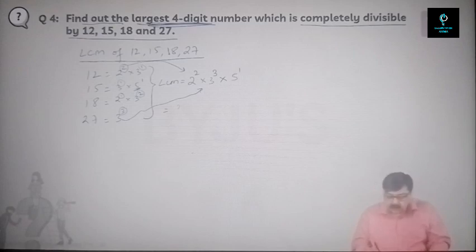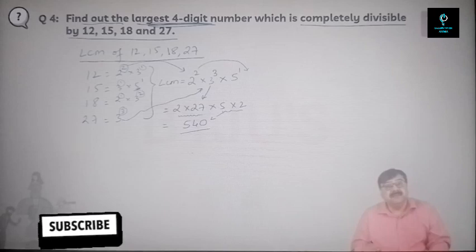So this shall become 2 into 3 cube, which is 27, into 5 into 2. One time 2 we are taking separately and multiplying it with 5 to get 10. So 2 into 27 is 54 and 5 into 2 is 10. So the LCM of these four numbers is 540.